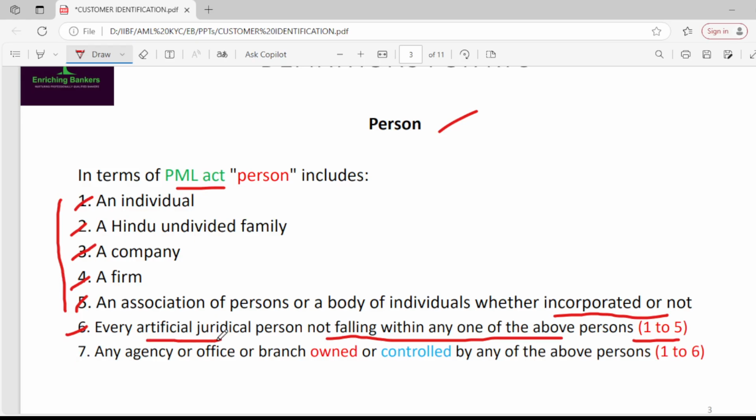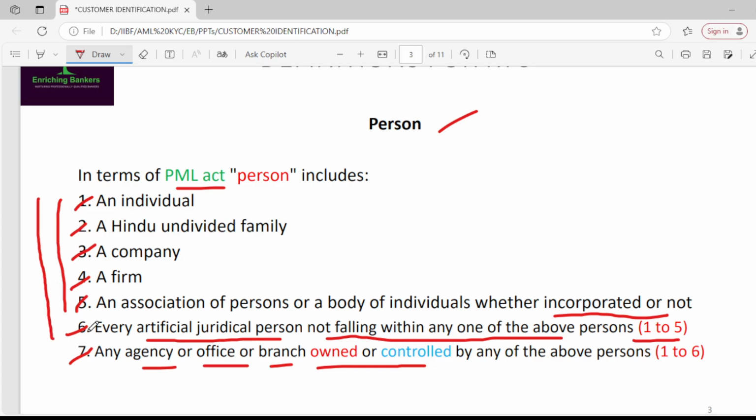What is artificial juridical person? Artificial juridical person means a legal entity, an entity recognized by the law. Seventh one, any agency or office or branch, either it is owned or controlled by any of the above persons 1 to 6. So, any agency or office or branch, either owned or controlled by above 6 persons.